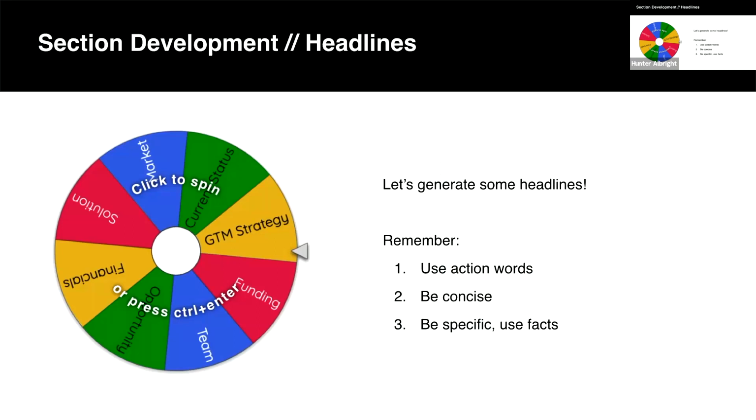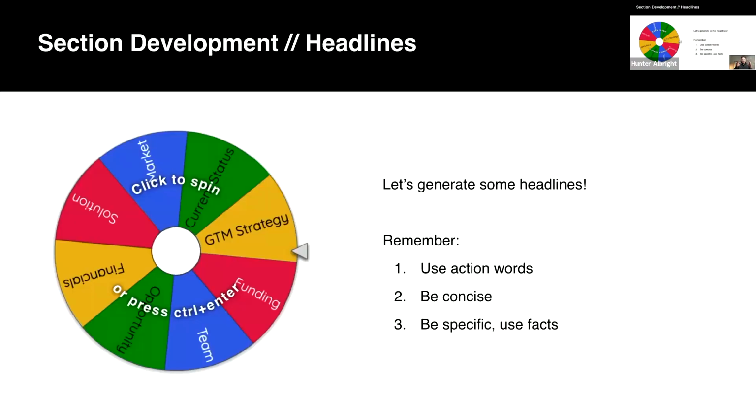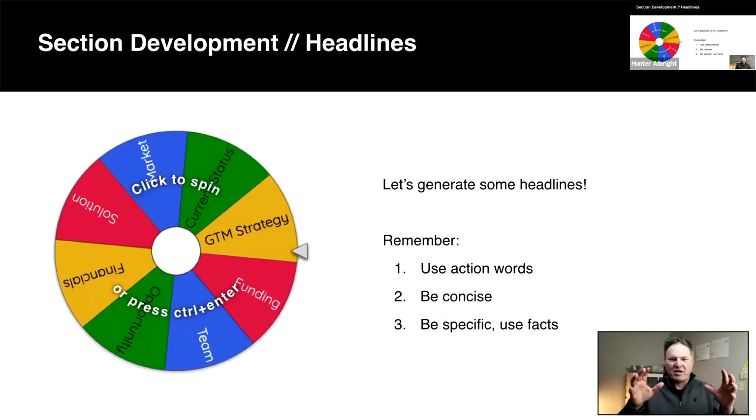So what we're going to do now is I really want you guys to leave with some foundation of your executive summary. So now you've got the summary at the top, and we're going to try to help you get a couple of the headlines now to start to flesh it out. And so what we're going to do is we're going to spin the wheel. We're going to randomly get one of these different sections, and we're going to give you a minute to generate a couple different headlines on each of them.